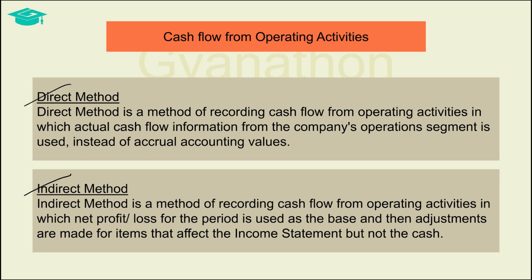Further, adjustments are also made to remove the effect of any deferrals or accruals of future or past operating cash receipts and the changes in the current assets and liabilities during the period. After these eliminations, the cash flow from operating activities is arrived at under the indirect method.